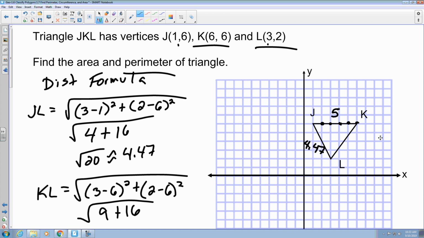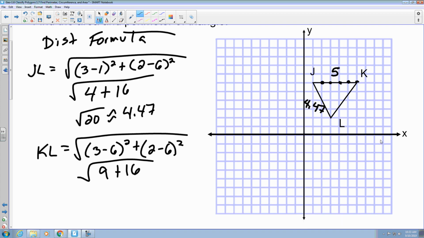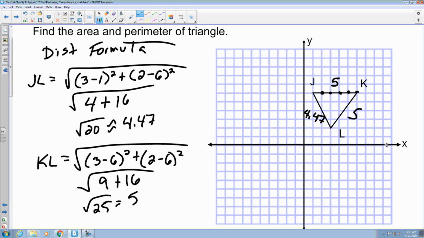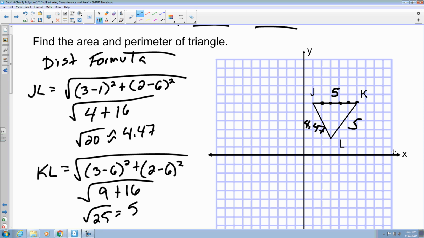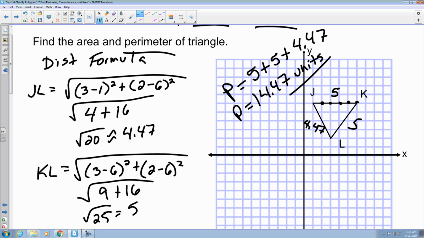Add that to 9, I get the square root of 25, and that gives me 5. So this is 5 right here. All right, so to find the perimeter, it's going to be 5 plus 5 plus 4.47, which is a perimeter of 14.47. There was no label, so I'm just going to call it units.